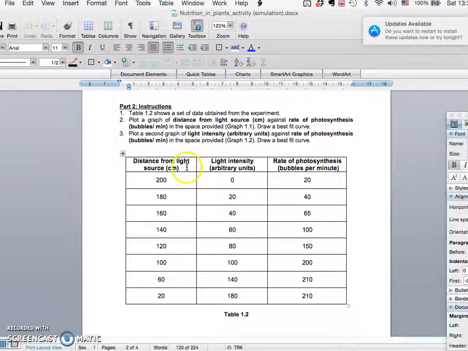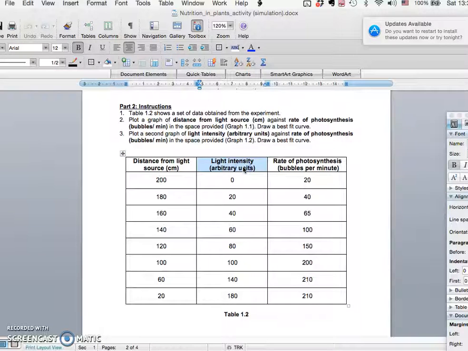You might wonder, I could get distance from the experiment, because I used the meter ruler to measure distance from the light source, but how do I get light intensity? Well, it is in arbitrary units. You notice that as the distance from the light source decreases, meaning my plant gets closer and closer to the light source, the light intensity increases. What I did to get light intensity is a bit cheapo.